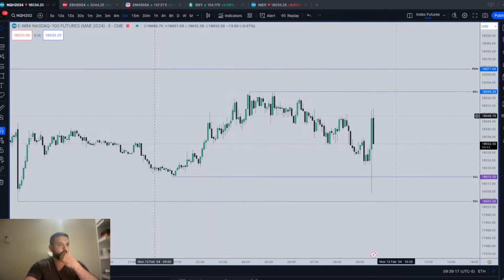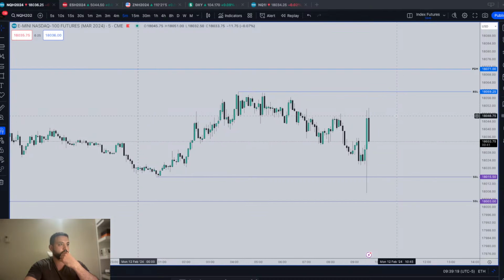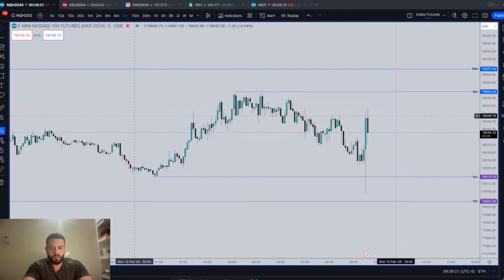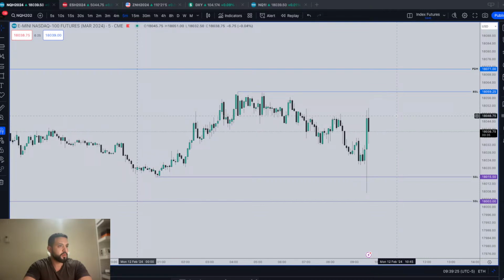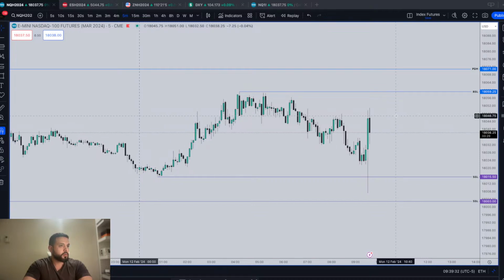Literally, it's literally just ping pong. See if it can reach for here. See the fact that it's just formed a lot of short-term highs.